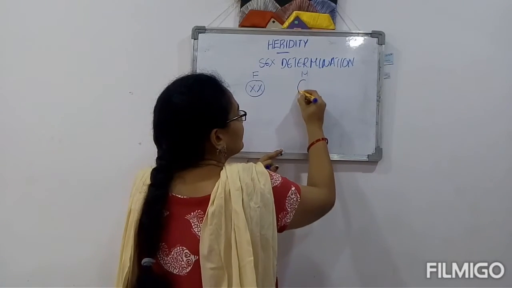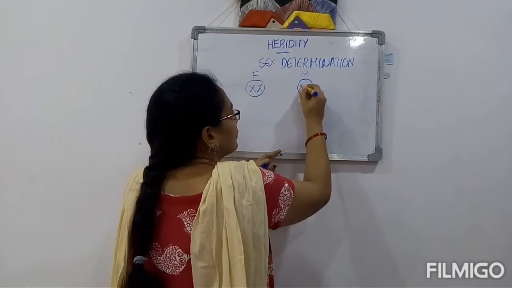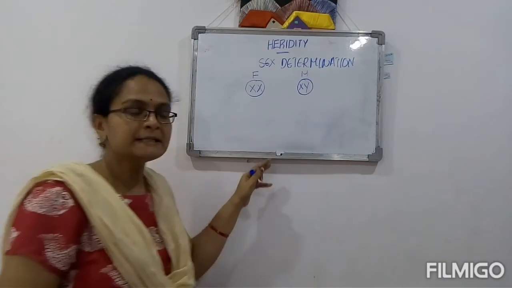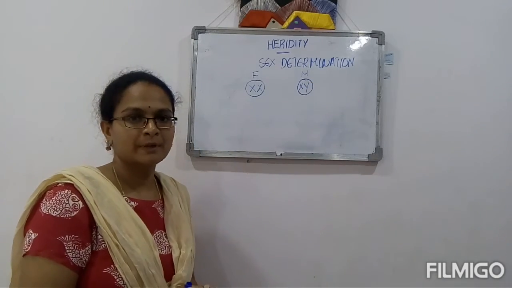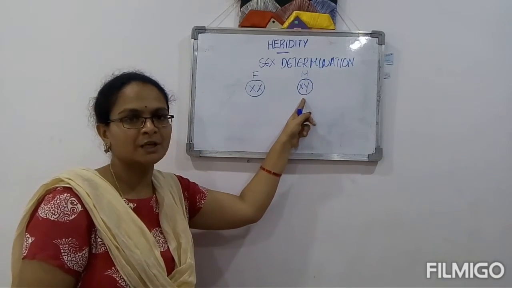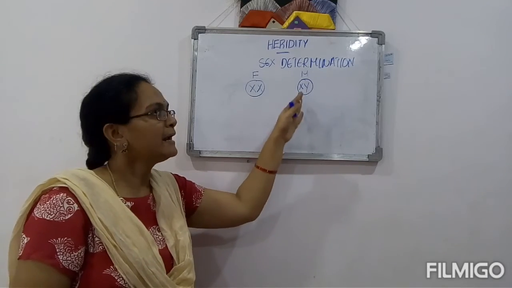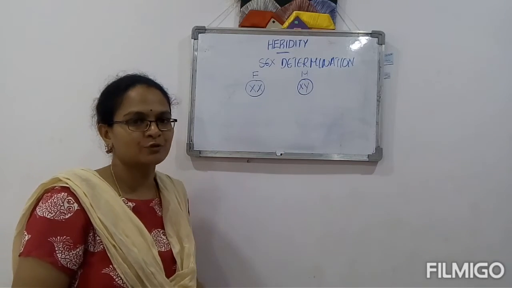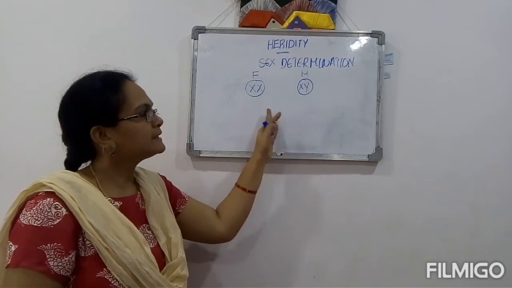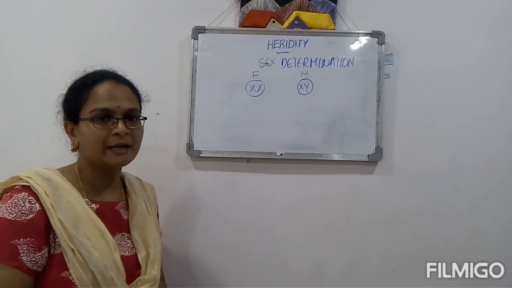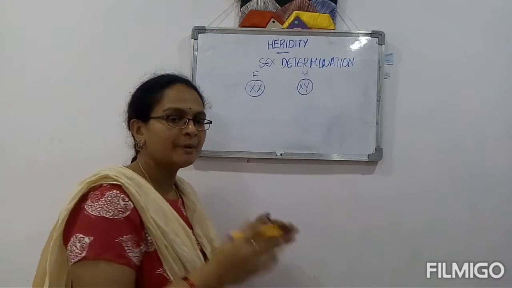Coming to males, they contain X and Y chromosomes, and these are heterozygous in nature as both are not similar; this is called a mismatch of chromosomes. These are the chromosomes present in male and female organisms.